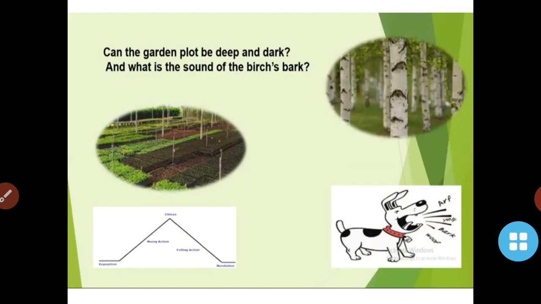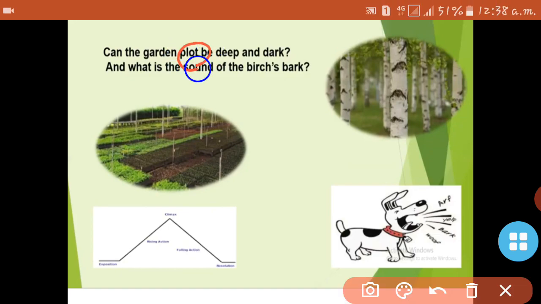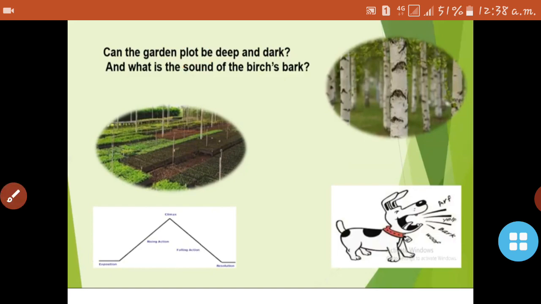Now the last two lines of the poem. The poem writer is saying, can the garden plot be deep and dark? Here the hard words are given, and you can see their meanings in the hard words section.